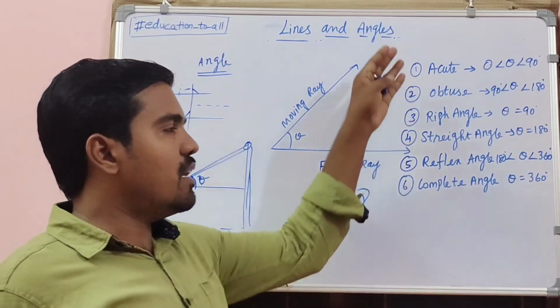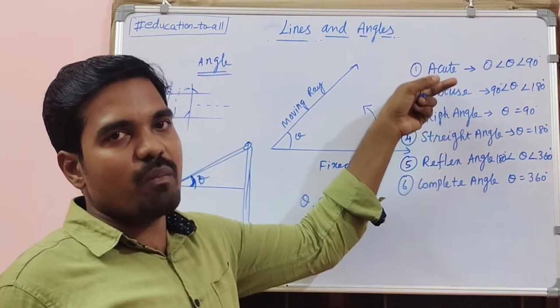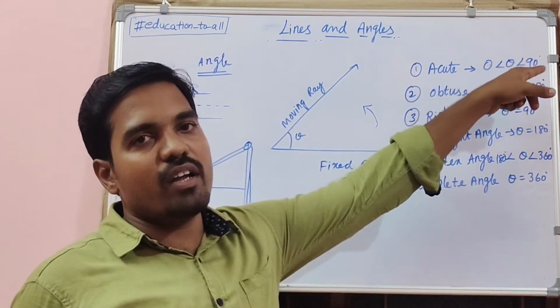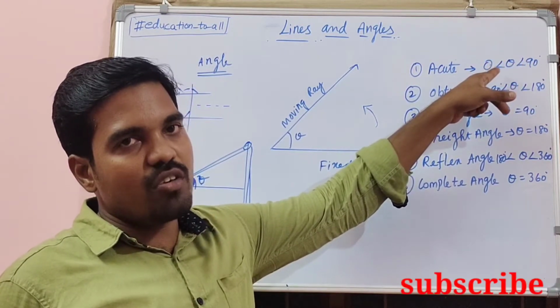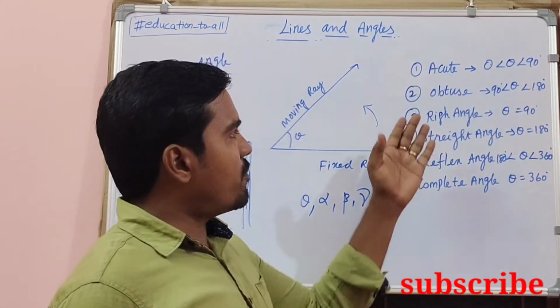So here I listed the types of angles. First, acute. What is meant by acute? The angle will lie between 0 and 90 degrees. It should be more than 0 and less than 90 degrees, then it is an acute angle. Next, obtuse angle.